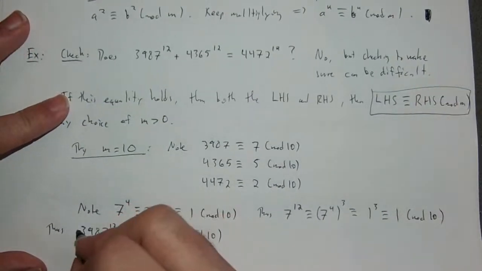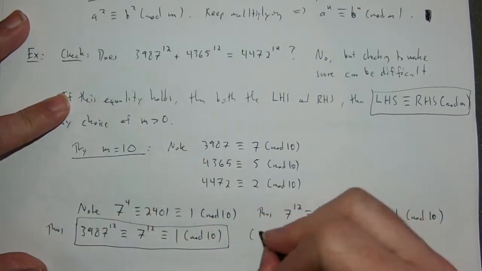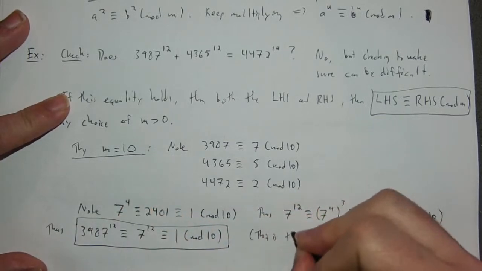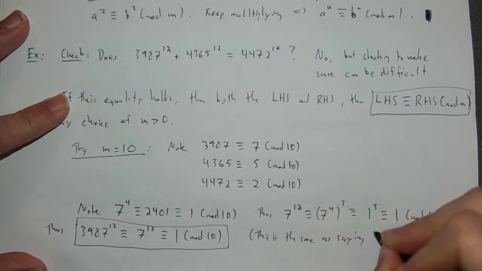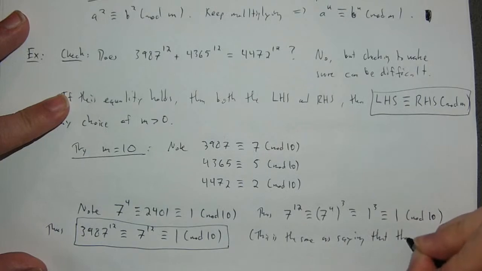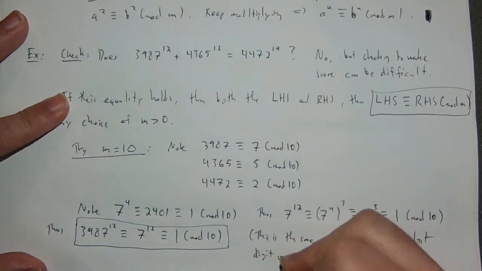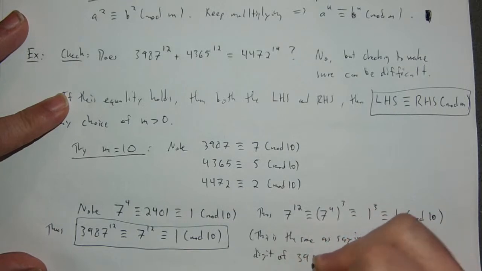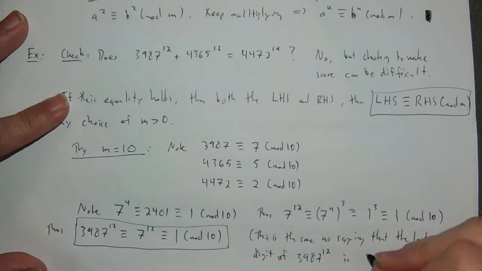I guess that's one thing I could say. Another thing I could say here is this is the same as saying that the last digit of 3,987 to the 12th is 1.